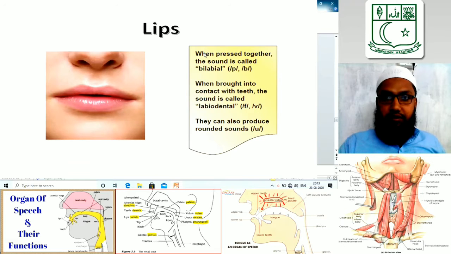When the two lips are pressed together, the sounds pa, ba are produced. When the lower lip and upper teeth come together, labiodental sounds come: fa, va. They can also produce rounded sounds: oo.